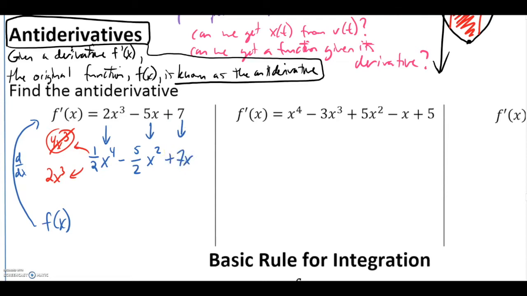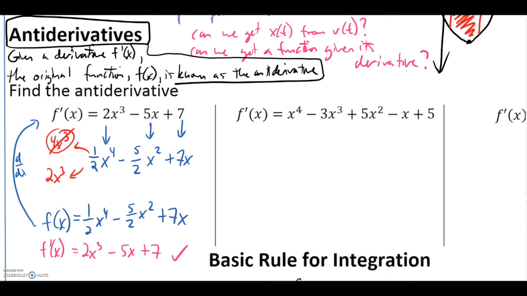That would just go back to being 7x. The derivative of 7x is just 7. And so my original function is 1/2 x to the fourth minus 5 halves x squared plus 7x. We know that because taking the derivative would yield 2x cubed minus 5x plus 7.